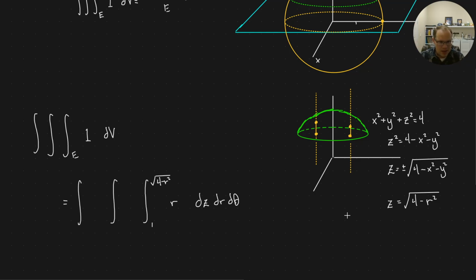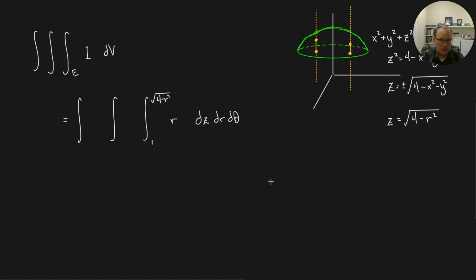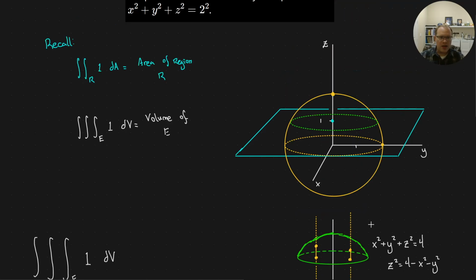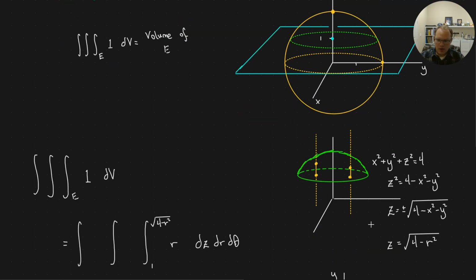So if I collapse that dimension and look at it from above, I'm going to have a circle, right? I'm not quite sure what the radius of the circle is yet, but I know it's a circle. To find the radius of the circle, I look down from above, and this would be the edge of the circle right here, right?